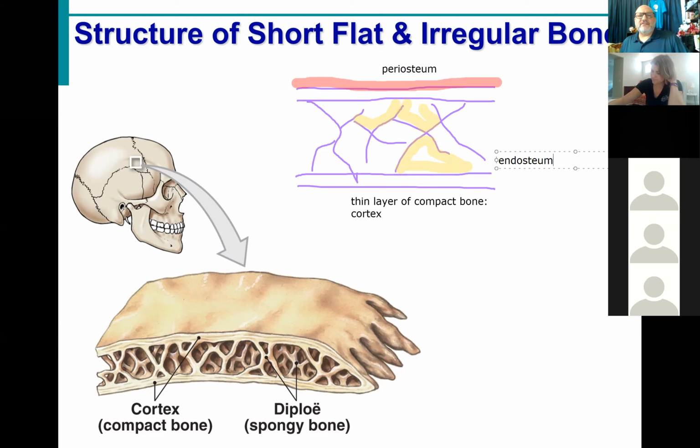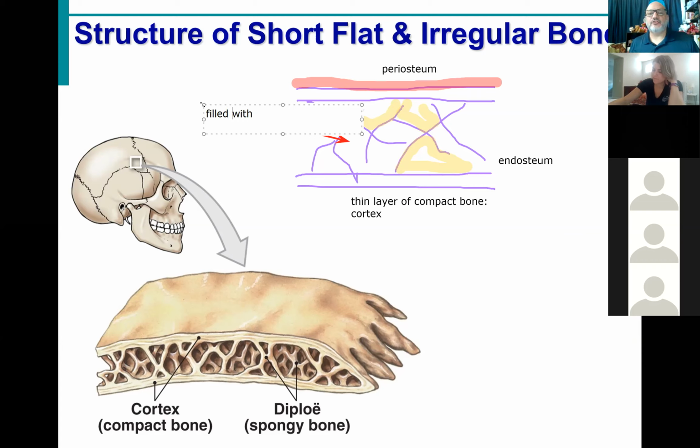And all of the spaces in here are going to be filled with what? What are the spaces in between the trabeculae filled with?